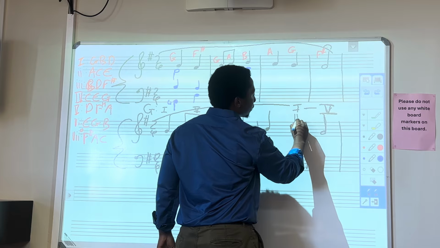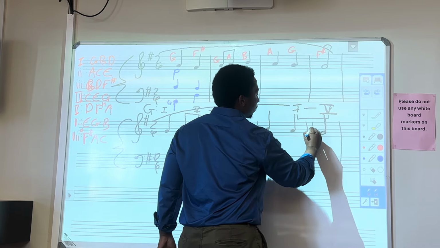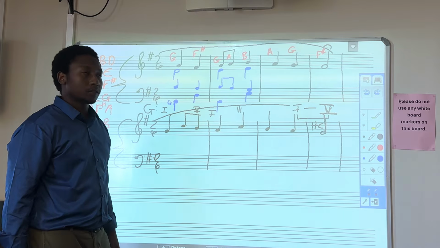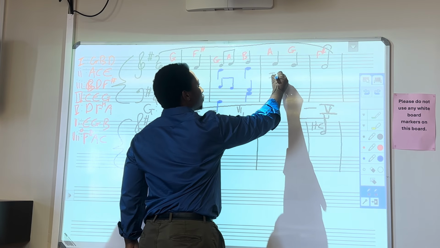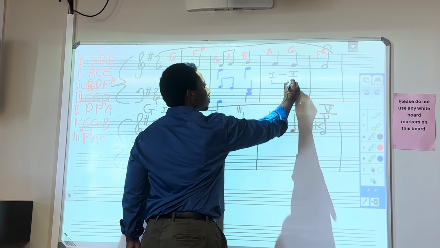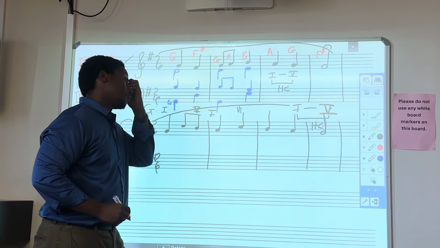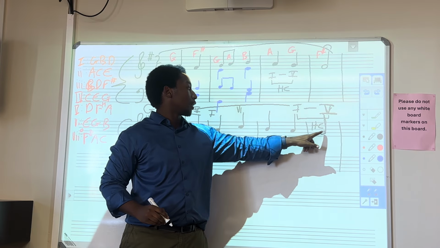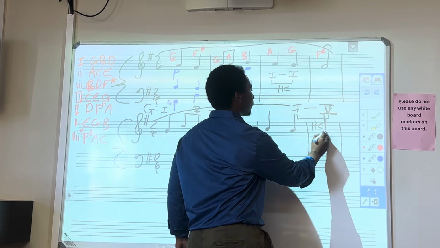You draw a bracket like this. Right? And then at the bottom you say HC. So a neater version, I'm going to draw it here. So let's say you're coming from 1, going to 5. You draw a bracket like this. You indicate that it's a half cadence. Below these, you write it like this. Try and make it neater. G.